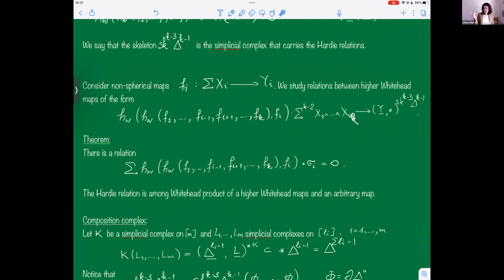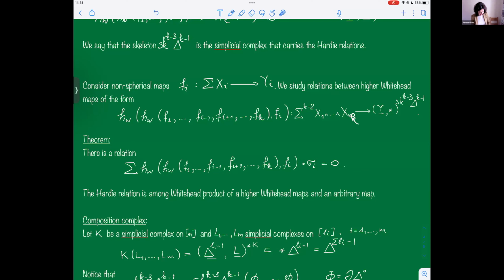Okay, so the skeleton of a simplex is an atomic complex that carries a relation. So we are wondering, can we have a different type of relations, and can they also be seen combinatorially?